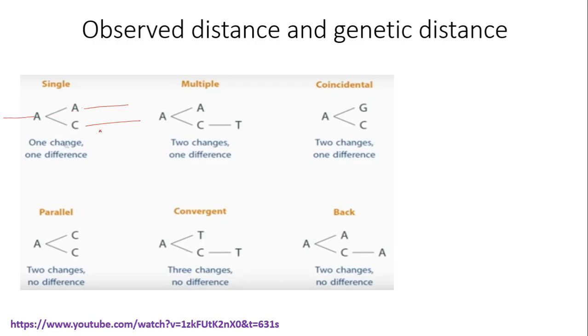So here we observe only one change, and assume that in the ancestral gene only one change might have happened, and thus we have C in sequence 2 and A was retained as it is in sequence 1. We call it one change and one difference, and hence refer to it as a single change.